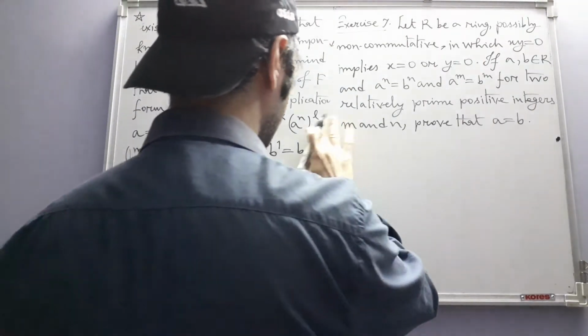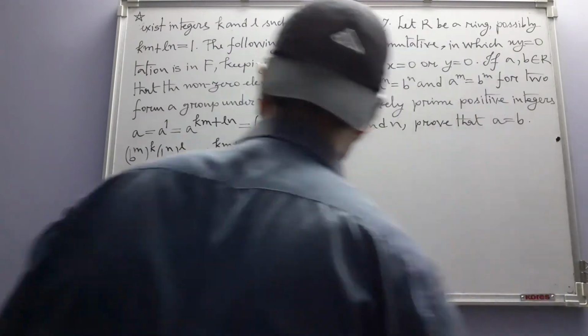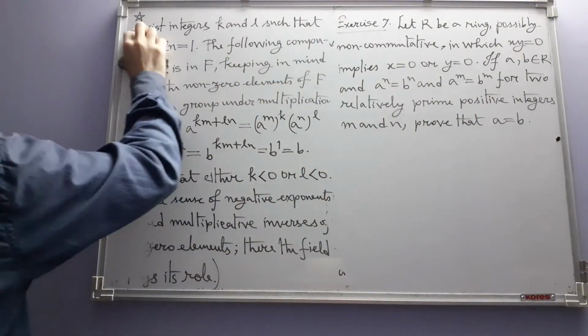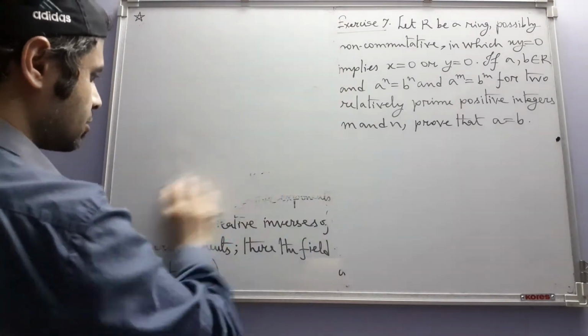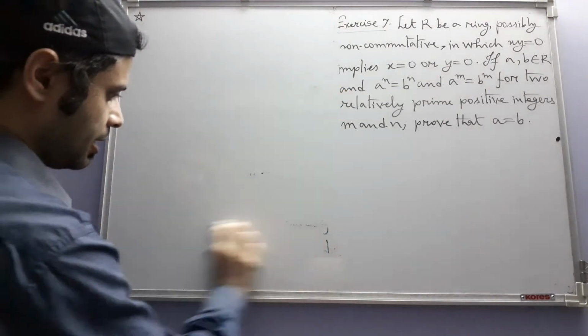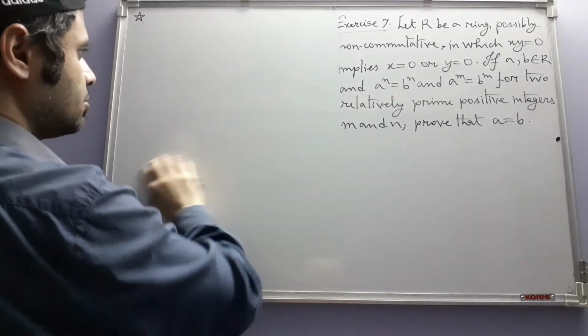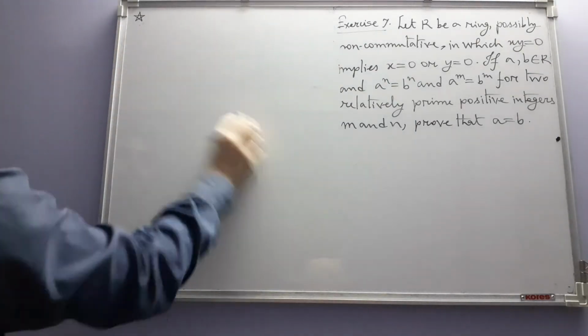Okay, so the beginning is just like the previous exercise. If at least one of the two elements A or B is 0, then the result is trivial.